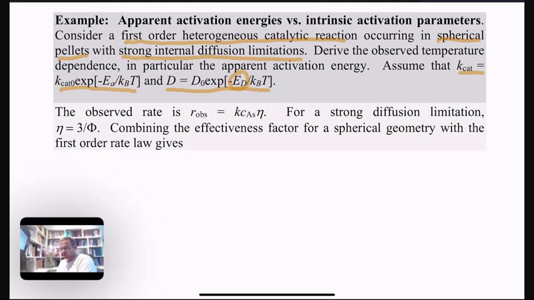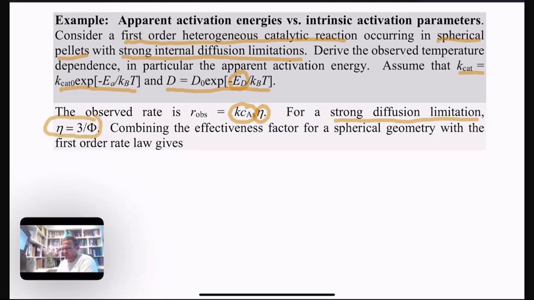Okay, so the observed rate is going to be the rate as though the reaction was happening at the surface concentration multiplied by the effectiveness factor. So this is the rate now averaged over the whole pellet, accounting for the effects of these diffusion limitations. And remember that when we're in the limit of a strong diffusion limitation, then eta is approximately 3 over phi.